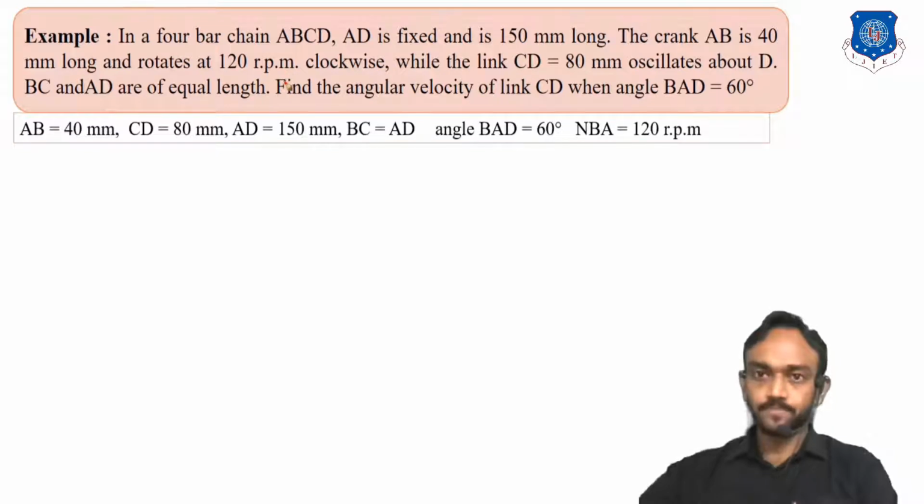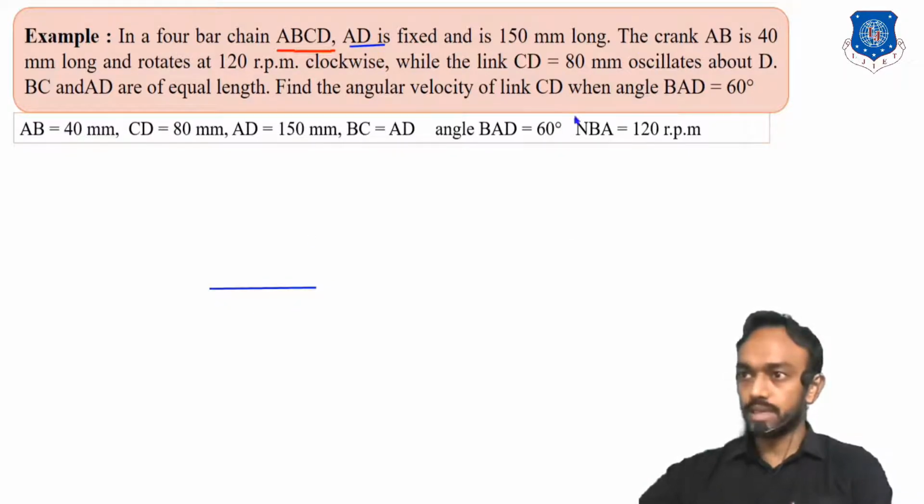So you can see here a 4-bar chain mechanism, ABCD. AD is fixed, so I can draw the AD here, and its length is 150. The crank AB is 40 and rotates at 120 rpm, and there is a link CD, which oscillates about the D point.